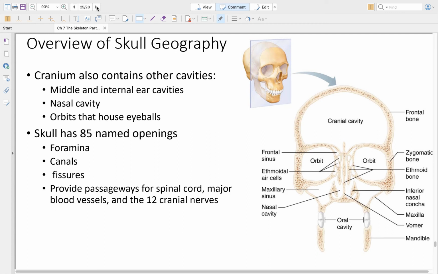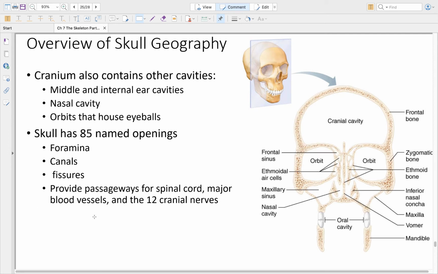So the skull, or the cranium, has other cavities. It has our ear cavities, which we've discussed. We've talked about the nasal cavities, and now I want to talk about the orbits that house the eyeballs.